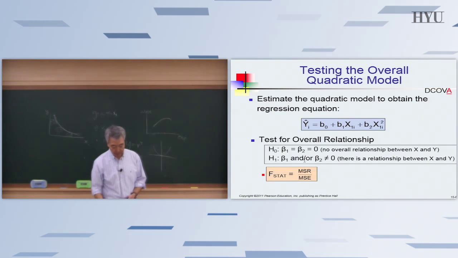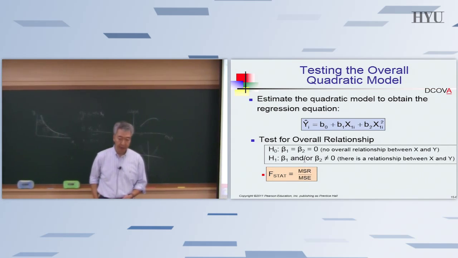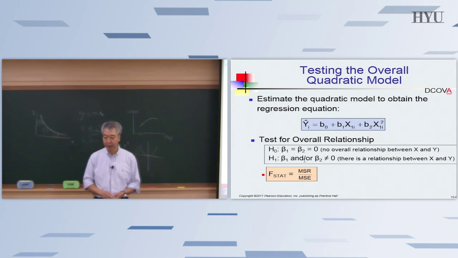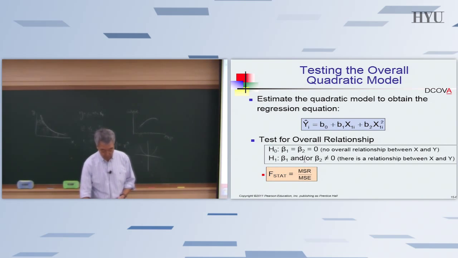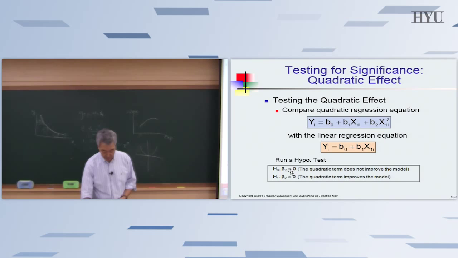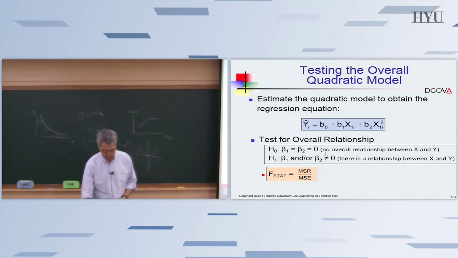So between beta 1 and beta 2, at least one beta is not equal to 0. That's, I think, an easier way to do that. And test statistic is, of course, F statistic, right? And you can run the global test of model utility.